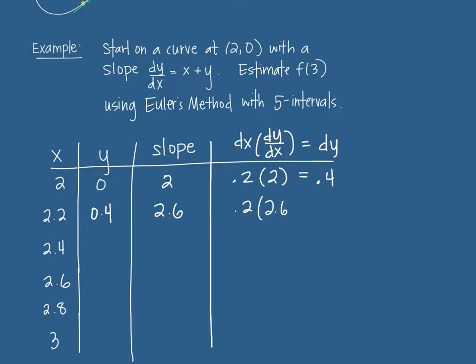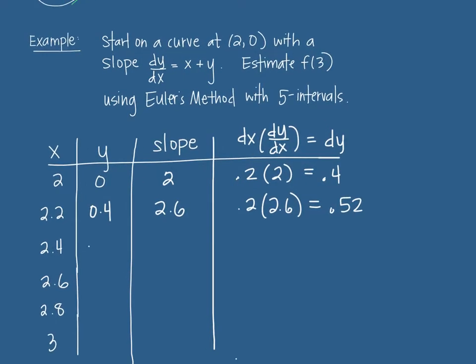Our slope has now changed to 2.6. So 0.2 times 2.6 is 0.52. That's how much our y should change. So what will our new y be? 0.92. We're adding it to what we had before: take the 0.4 you used to have, and add 0.52.